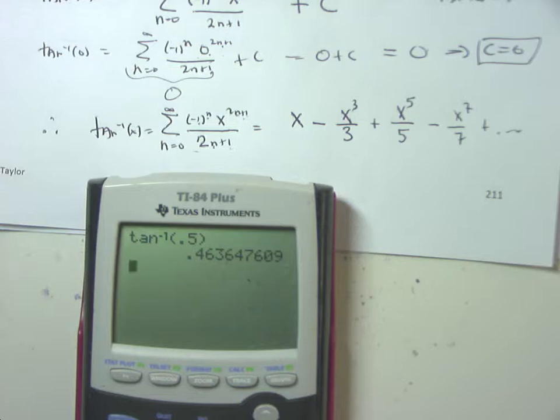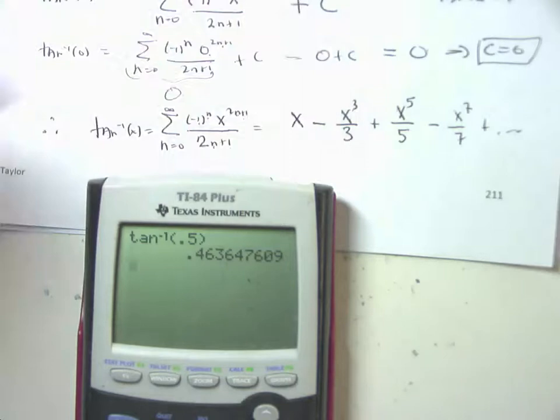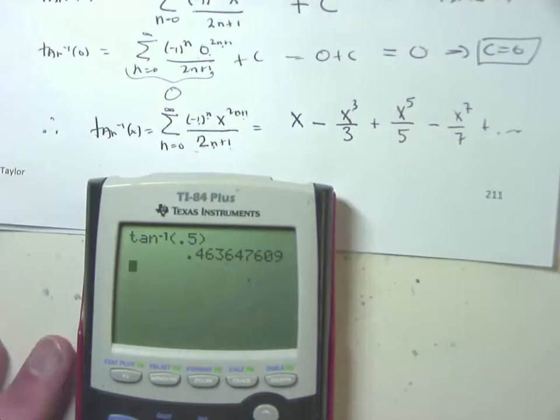Well, instead of plugging 0.5 into the tangent inverse, plug 0.5 into your power series. Let's see here. This will be 0.5 minus 0.5 cubed divided by 3 plus 0.5 to the 5th divided by 5 minus 0.5 to the 7th divided by 7.